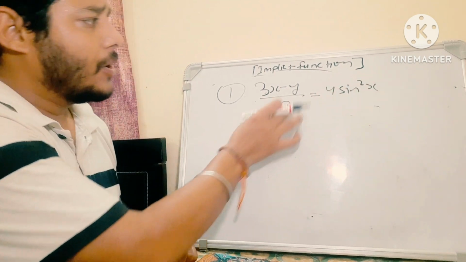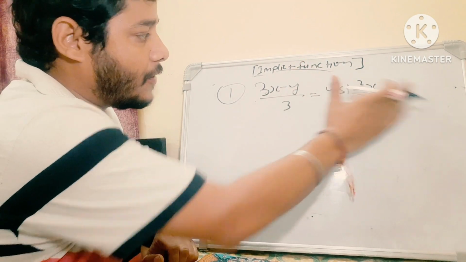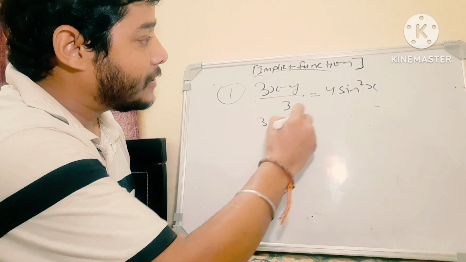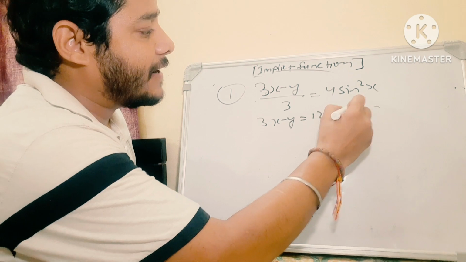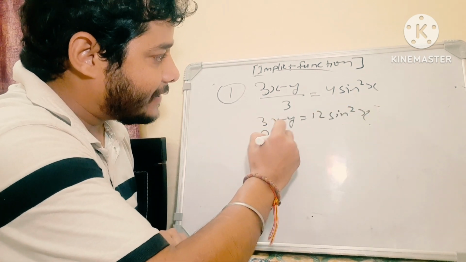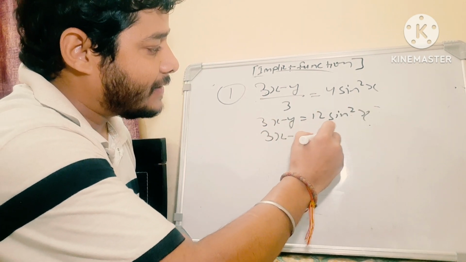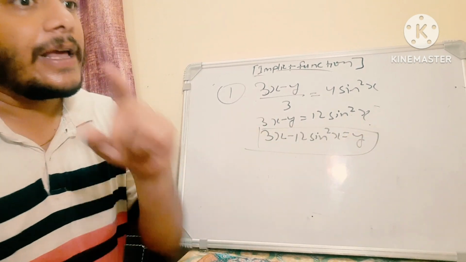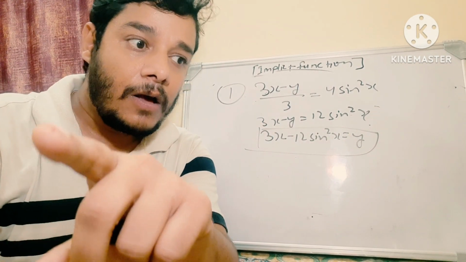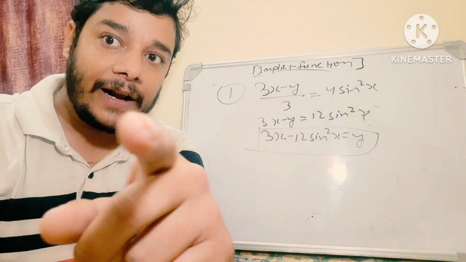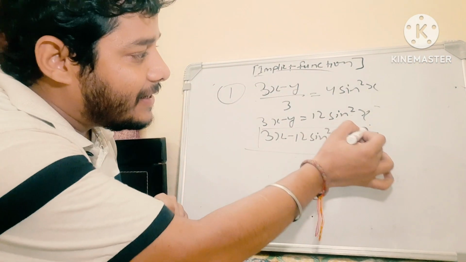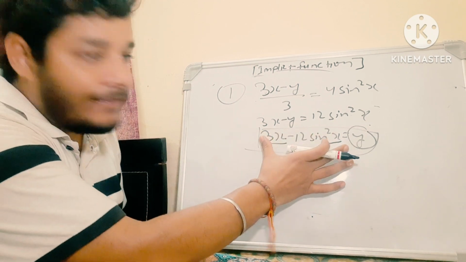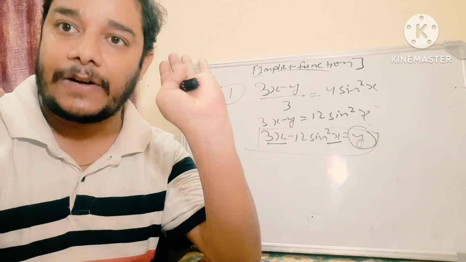So you can find the value of y in terms of x, right? 3x minus y is equal to 12 sine square x, so 3x minus 12 sine square x is equal to y, right? Hope you guys understood. So this is the example where the value of y is in terms of the other variable.